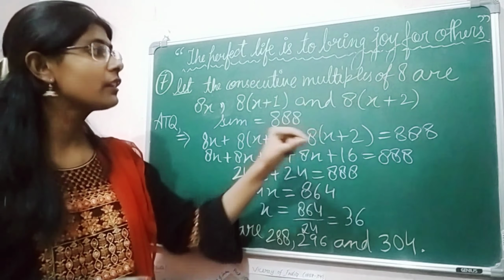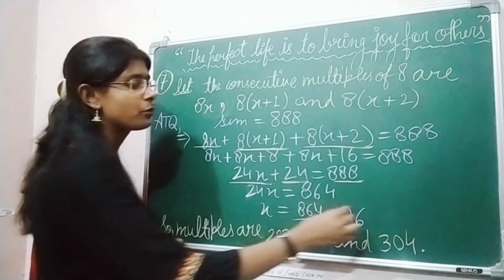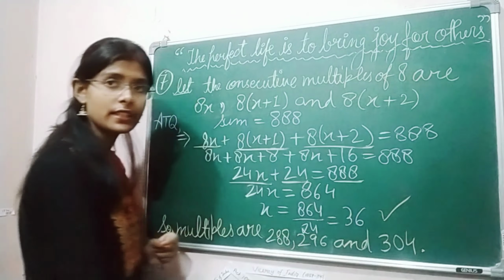After putting them in a sequence, we got 24x plus 24 is equal to 888. After transferring 24 that side, you will get 864. And when you will divide 864 by 24, you will get 36. Now one value of x is 36.